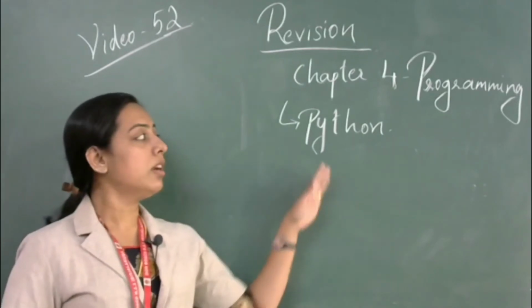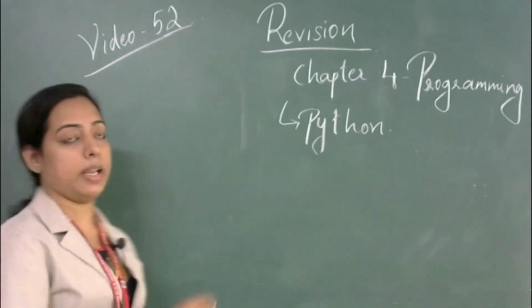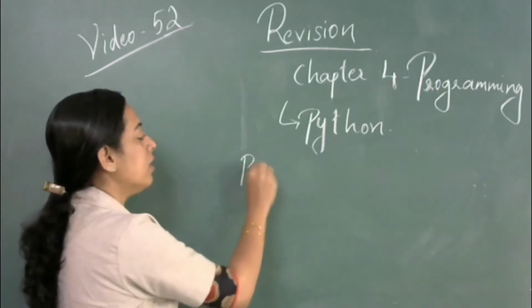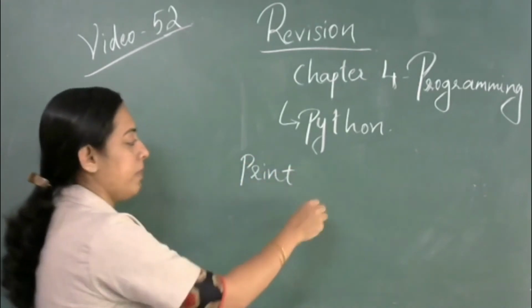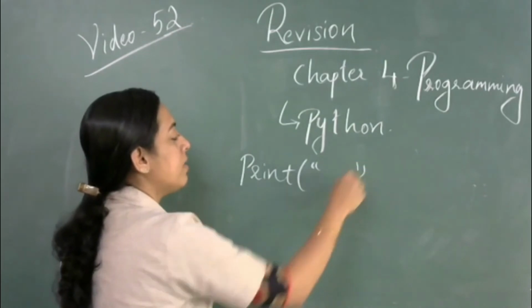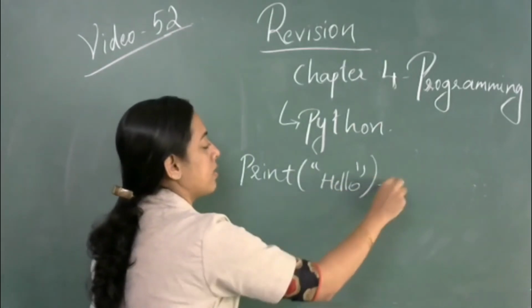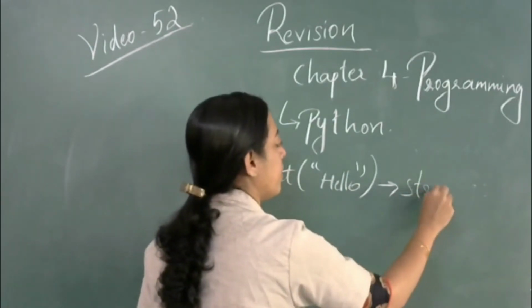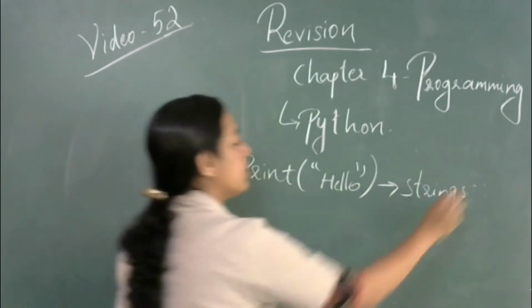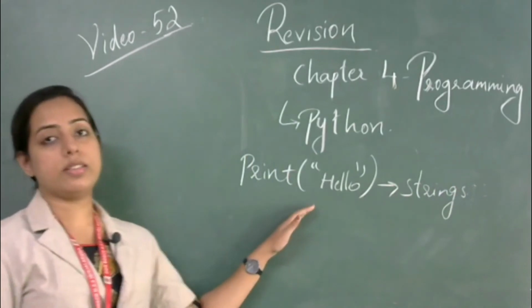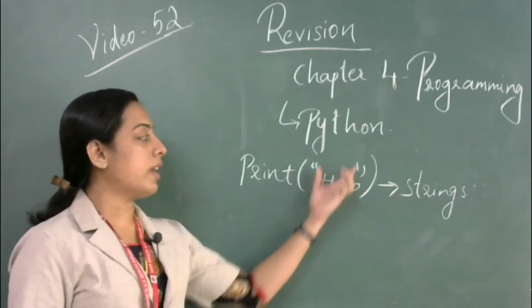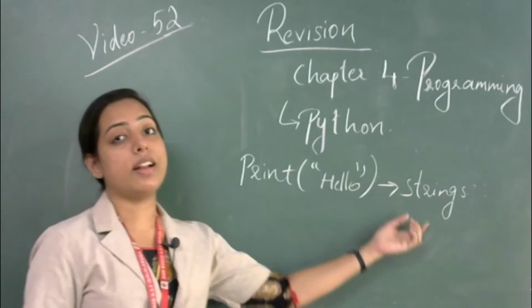Okay, so the first topic was the sample printing statement. So we can print different statements. What we are typing inside the double quotes is considered as strings. In Python programming, when we have to print some statements or some words, we put them inside double quotes, and that is considered as a string.